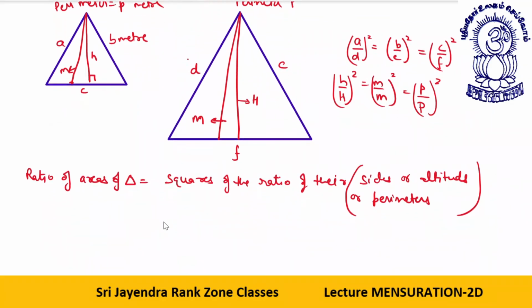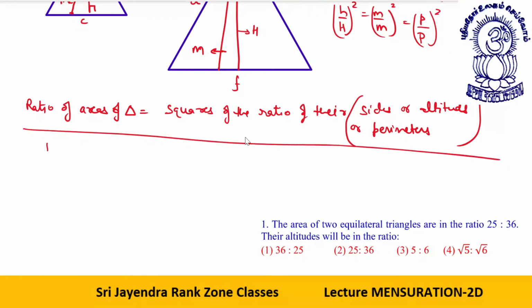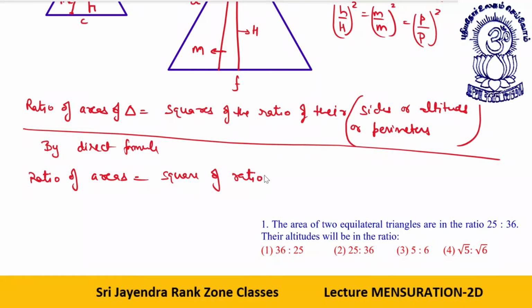Okay, let's see what is the first question. The areas of two equilateral triangles are in the ratio 25:36. Their altitudes will be in the ratio. By direct formula, the ratio of areas is equal to the square of the ratio of altitudes.